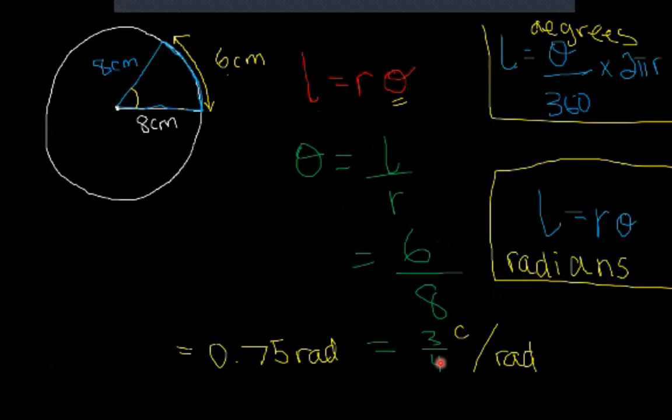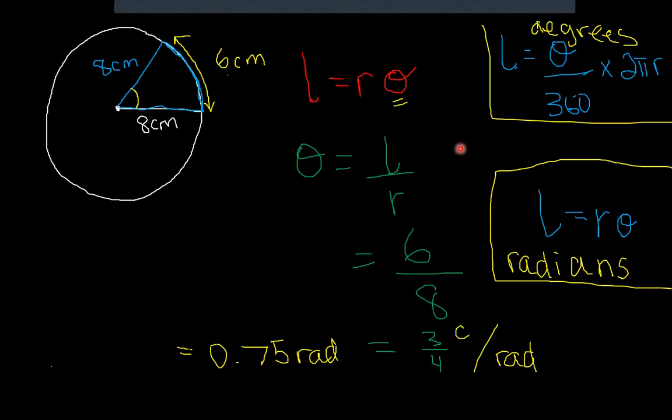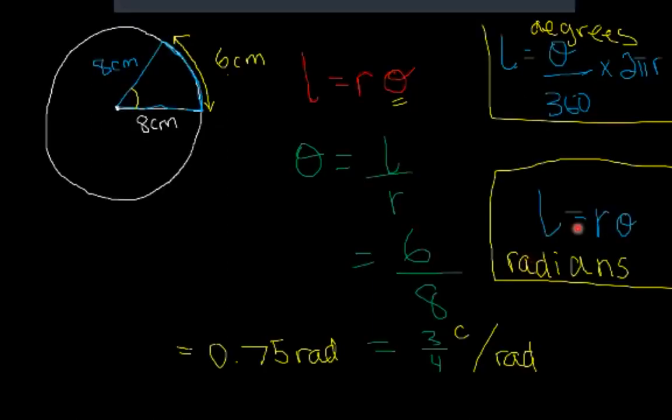The question I was asking was, is the angle in radians or is it in degrees? Everybody said degrees, but I was explaining why that is wrong. This formula here is used when theta is in degrees. However, we use this second formula here.